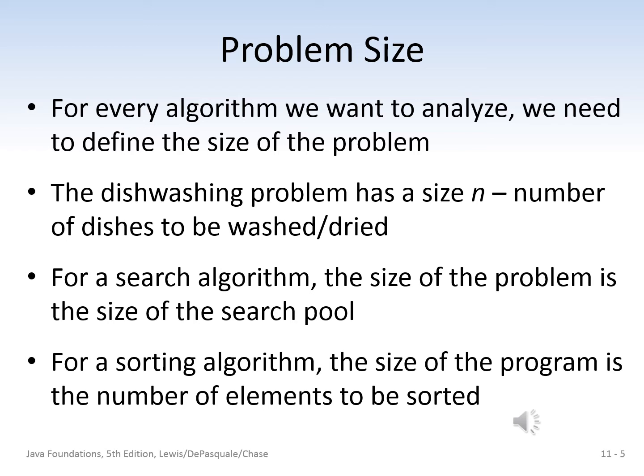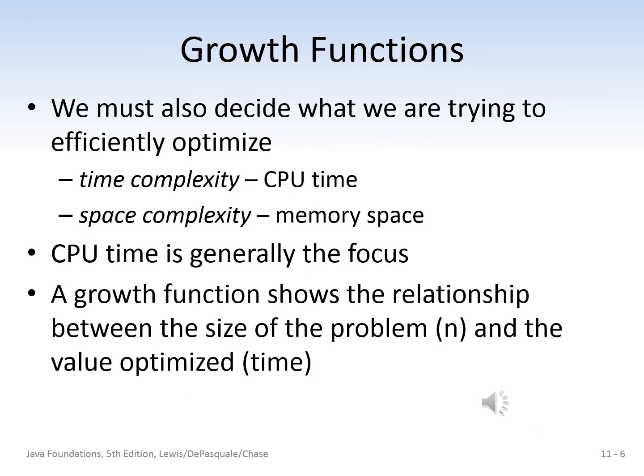For a sorting algorithm, the size of the problem is the number of elements to be sorted. We must also decide what constraint we're trying to efficiently optimize. Is it time complexity or CPU time? Or is it space complexity, memory space?